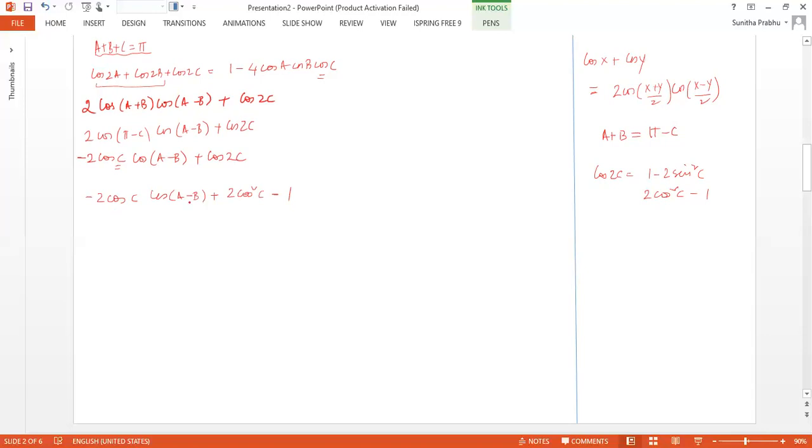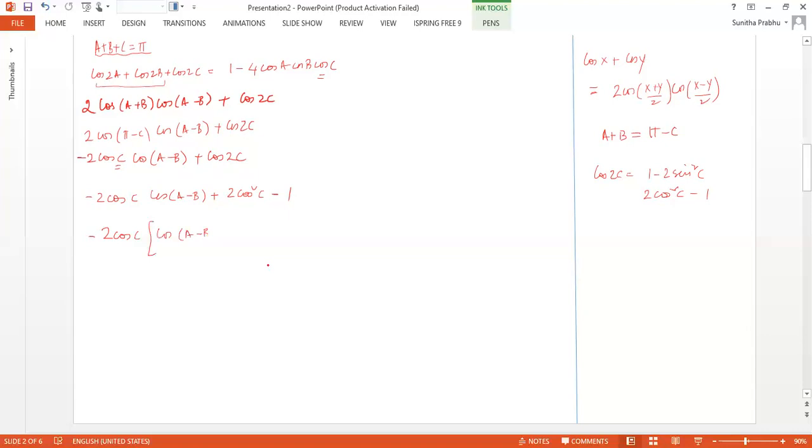2 cos c common. Very good. So I'll say 2 cos c into... I'll take minus 2 cos c common. I'll get this as cos a minus b.